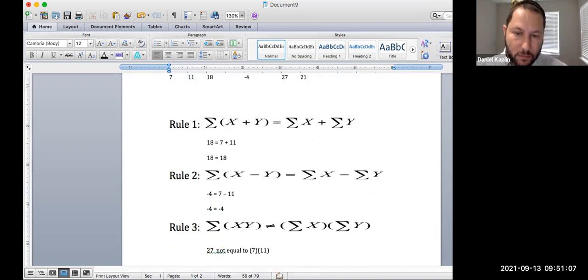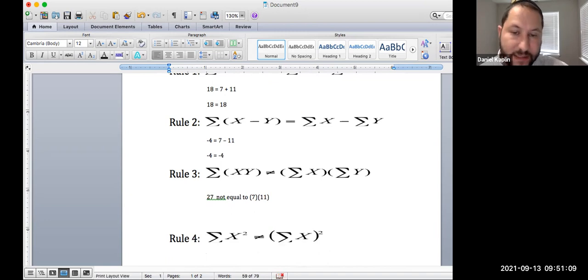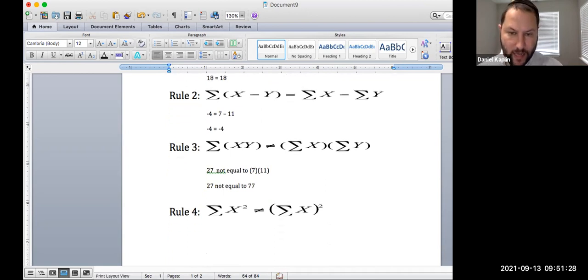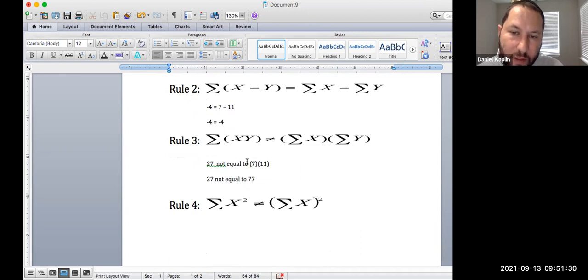So let's continue to balance this equation. We're saying 27 is not equal to 77. Does that make sense? So we're just proving the rules based on the columns. Now, we also have rule number 4.